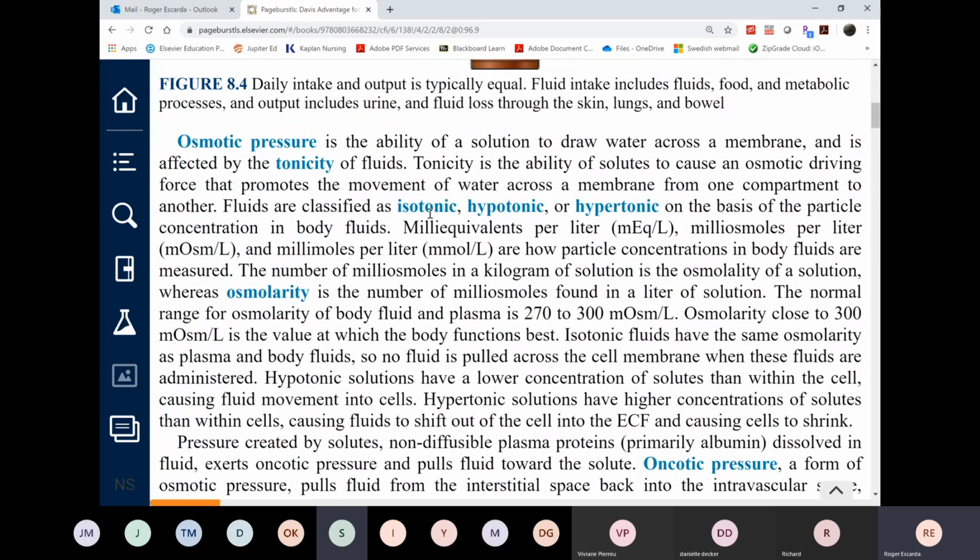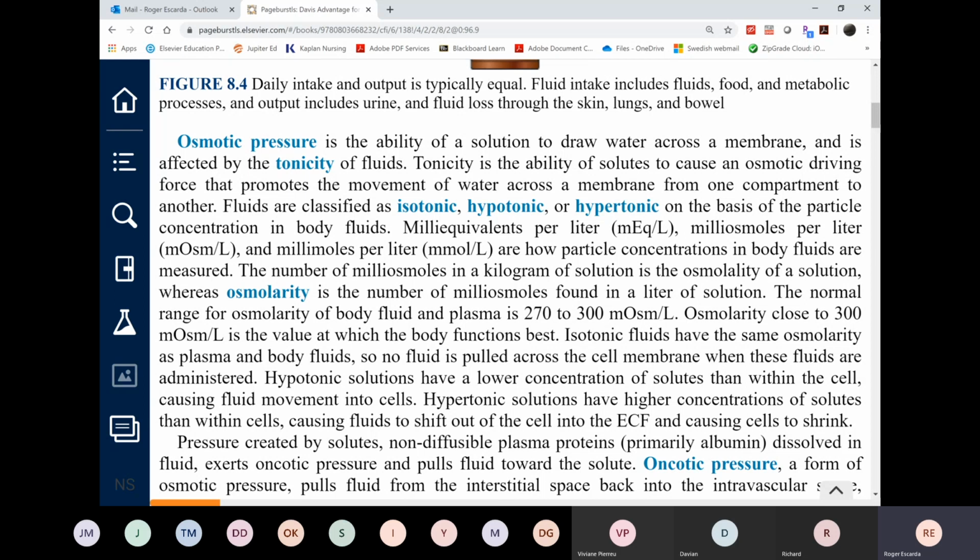Into the cell? Wouldn't it stay in the plasma if it's the same? Okay, since it is isotonic, it will not go anywhere. Isotonic solutions such as your crystalloids, normal saline, and lactated ringers do not go anywhere.